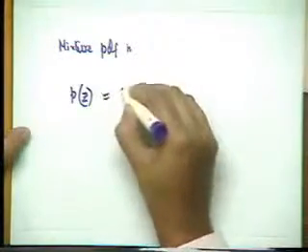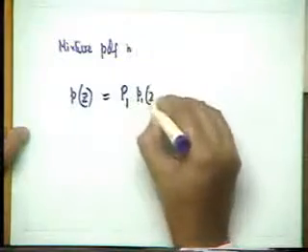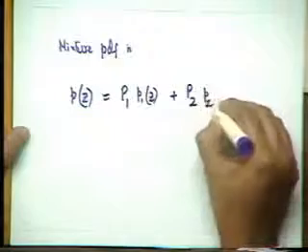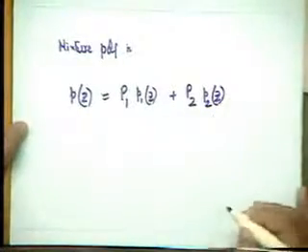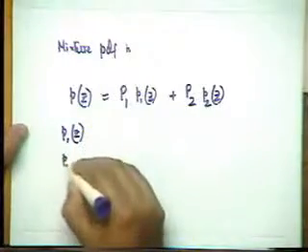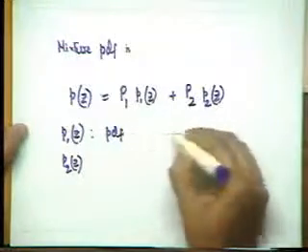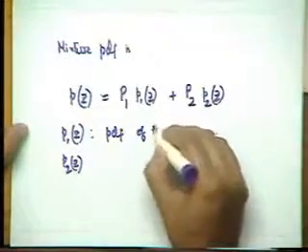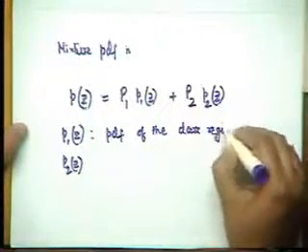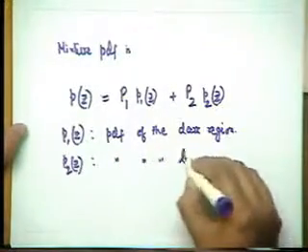This can be written as P1 times small p1(z) plus P2 times small p2(z). Tell me, what are p1(z) and p2(z)? p1(z) is the probability density function of the dark region, and p2(z) is the PDF of the bright region.